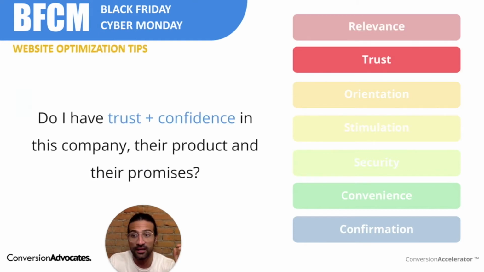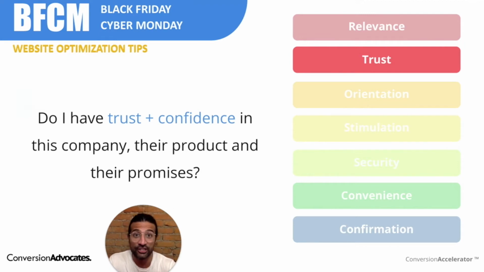Trust is a huge optimization opportunity. Do people have confidence in your product and the promises that your product is offering? If you can increase the amount of trust that someone has in your product or service, you're going to be able to improve their user experience, improve conversions, and get people to take action. So look at ways on your page: how can someone trust me more?